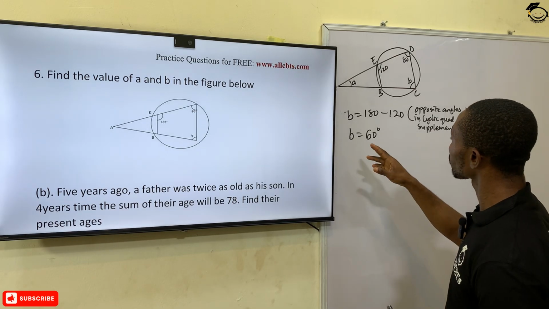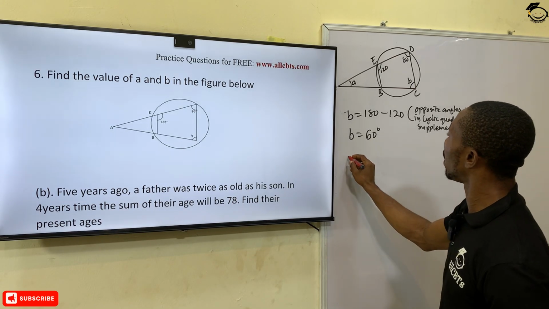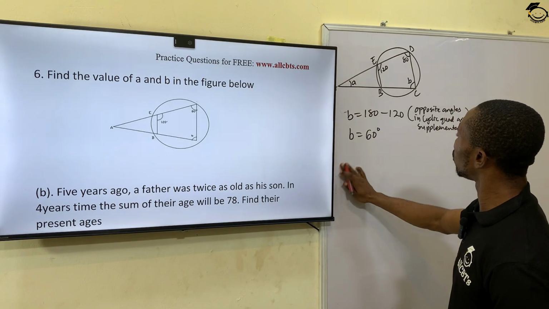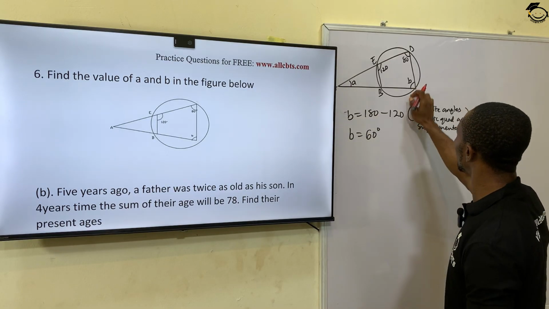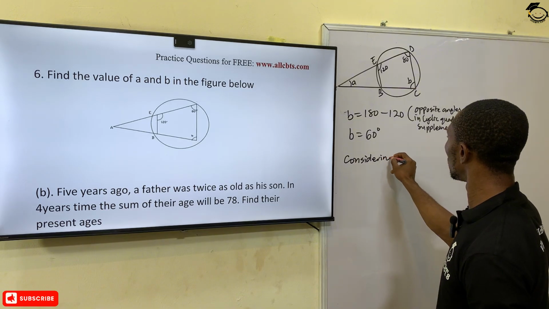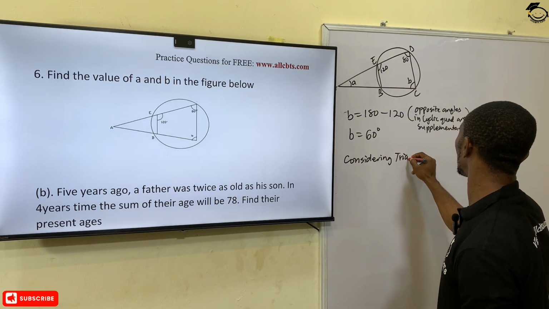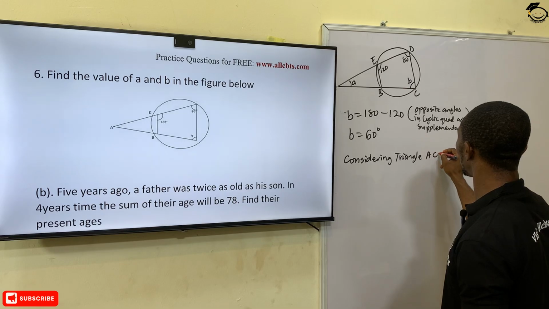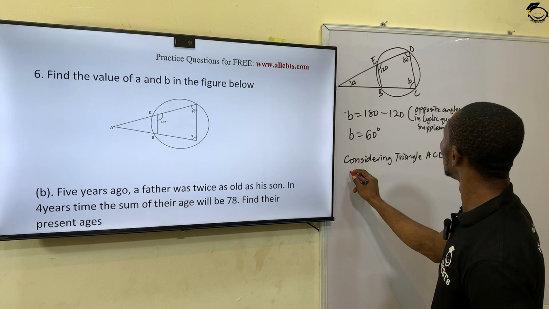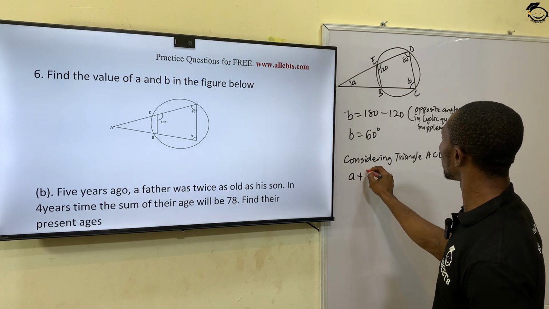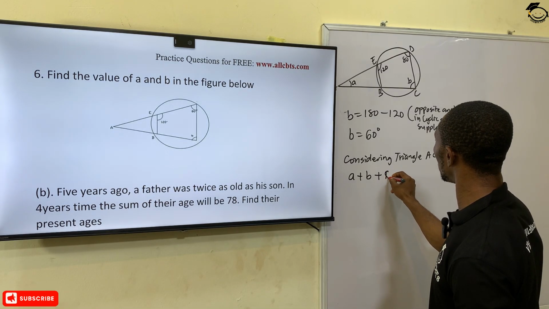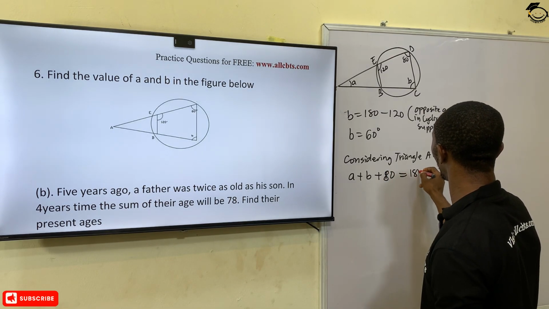Now for our A, to find our angle A, let's consider triangle ACD. All right, we have A plus B plus D, angle D, which is 80, equals 180.